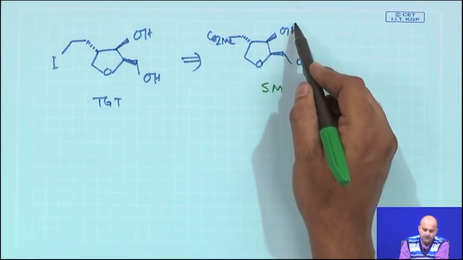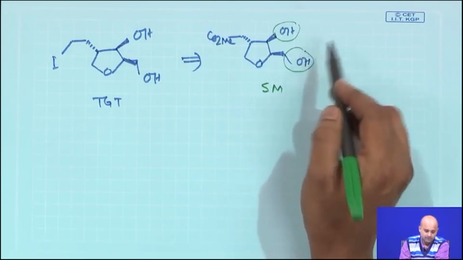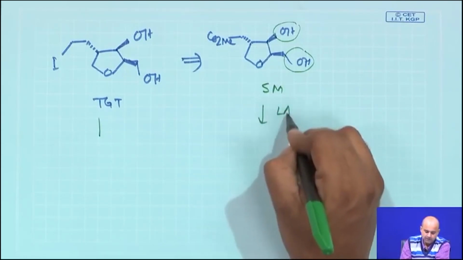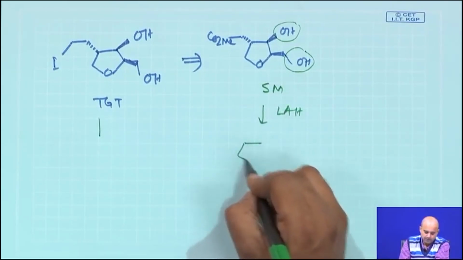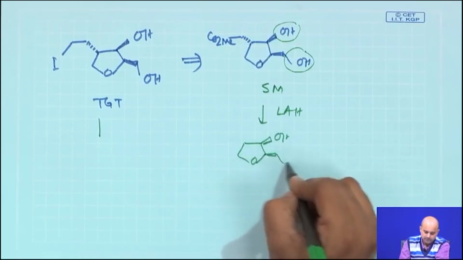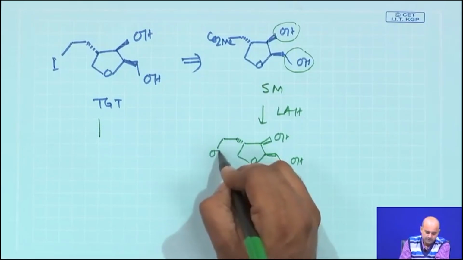The point is there are other OH groups in between. So, if you simply react with lithium aluminum hydride, what will you end up with? You will get OH, CH2OH, CH2CH2OH.